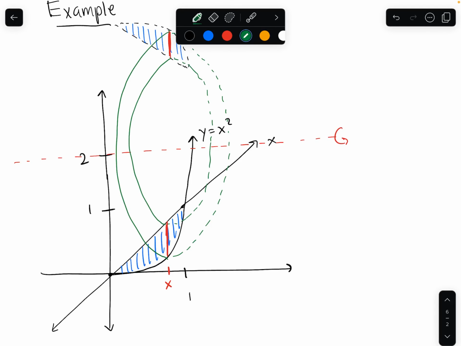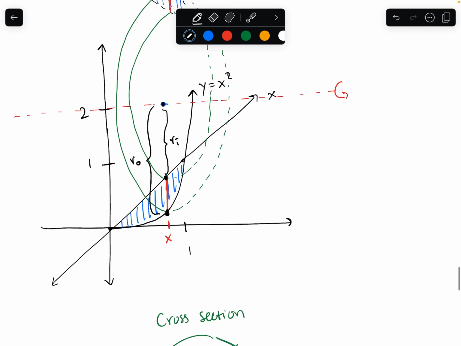Because everything is with respect to this center line y equals 2, the outer radius is the distance from here all the way down to the point on the curve that's farthest away. So that's all the way down here. This is my outer radius. And now my inner radius is the distance to the point on the curve that's closer.